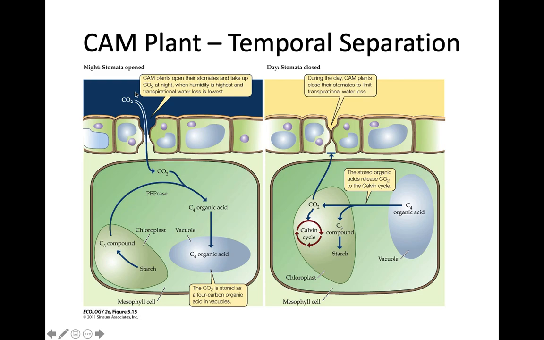So I'll say that again. The CO2 comes in, it binds to the malate where it's stored during the night, and then during the day, that CO2 is detached from the malate, and then it's used to function in the Calvin cycle. So the stoma are closed during the day and open at night when it's cooler and there's more moisture in the air.